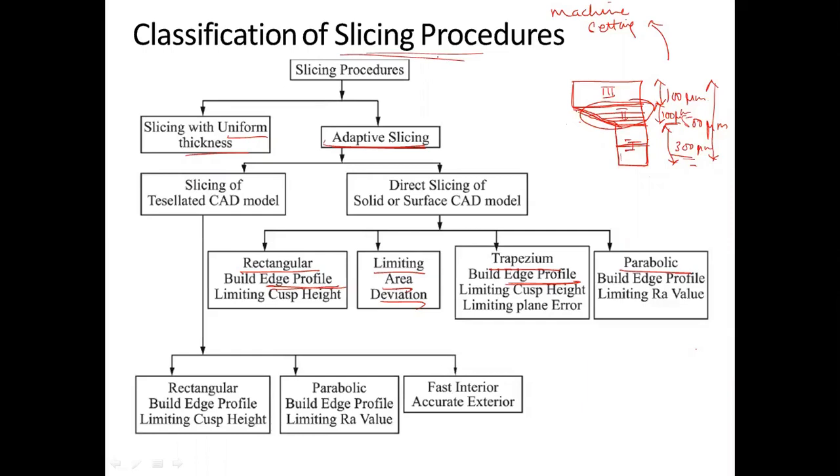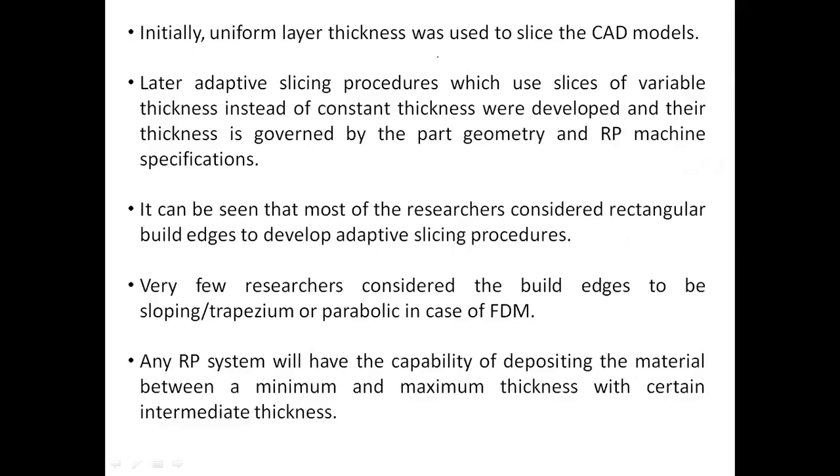So there were different concepts and theories developed with time, and people came up with different ideas on how the slicing procedures should turn out. When RP evolved in the late 1980s, like 86 to 89, we didn't have the concept of adaptive slicing.